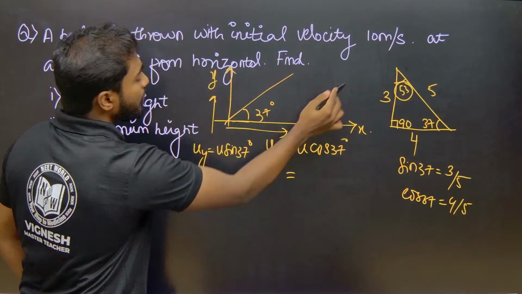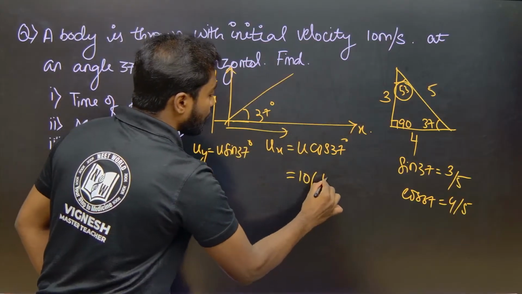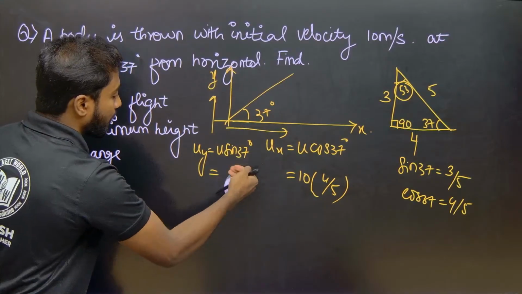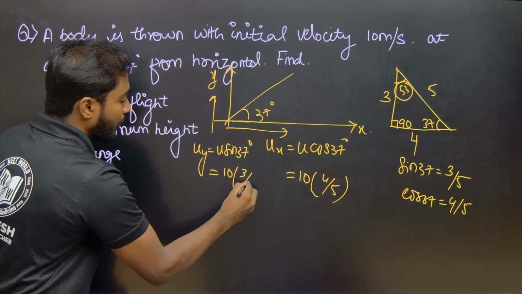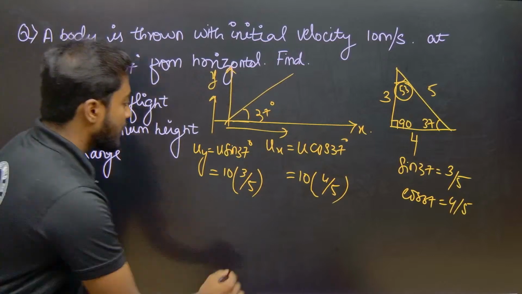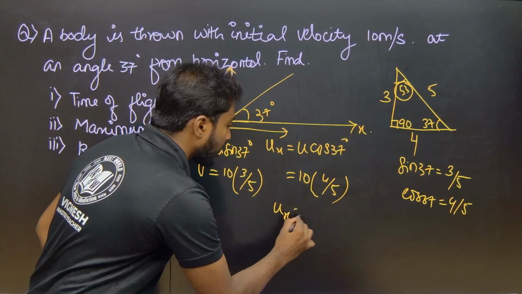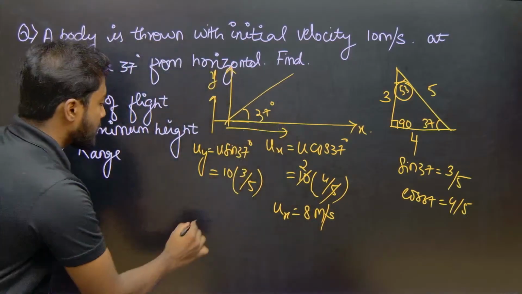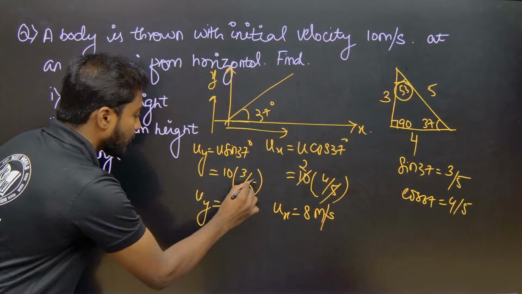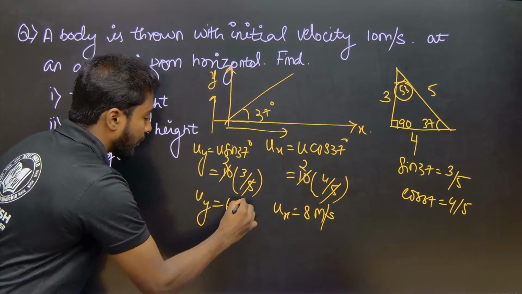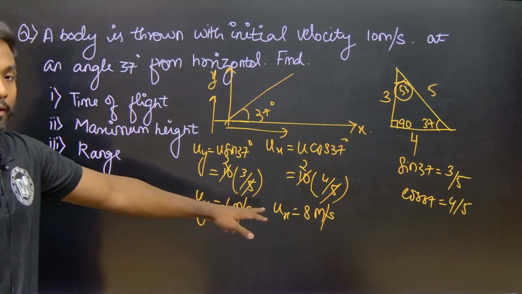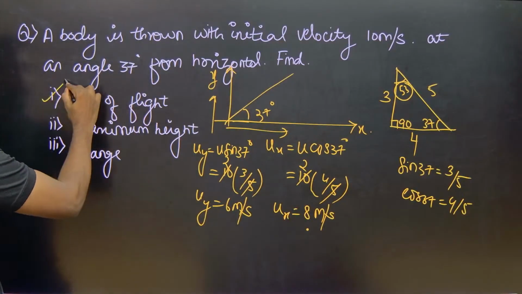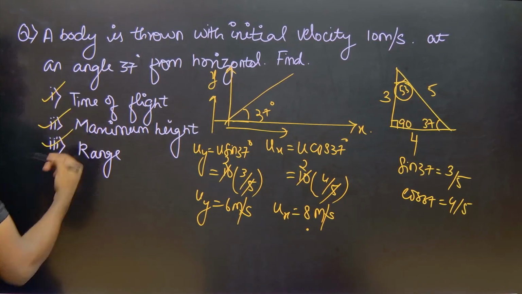So ux is 10 into 4 by 5, that is 8 meter per second, and uy is 10 into 3 by 5, that is 6 meter per second. We got ux and uy. Now I can substitute the values for time of flight, maximum height, range.